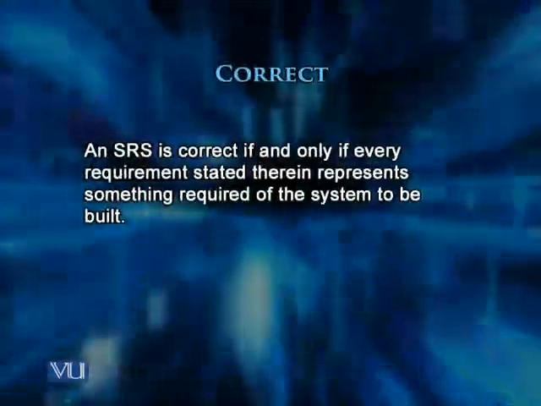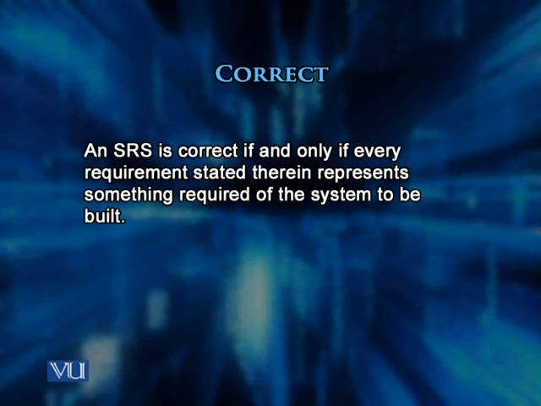An SRS should be correct, right? We said that. What is correctness? An SRS is correct if and only if every requirement stated therein represents something required of the system to be built. What this means is that you cannot have artificial requirements in the requirements document.